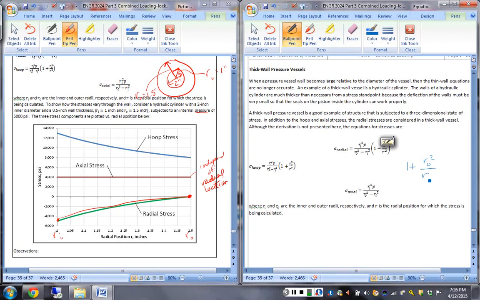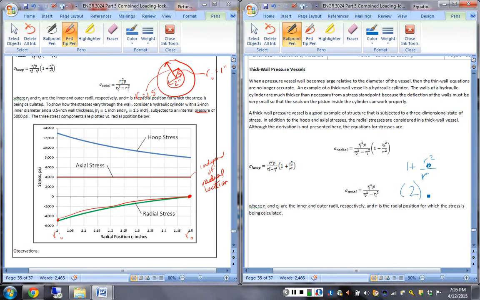As our radial location goes from the inside, which is 1, a smaller number than the outer, and converges to the outer radius, this term, where in the radial case the term tends to 0, in this case ends up tending to the value of 2.